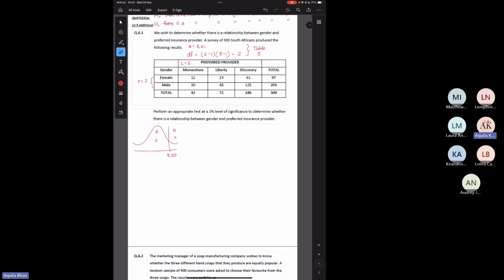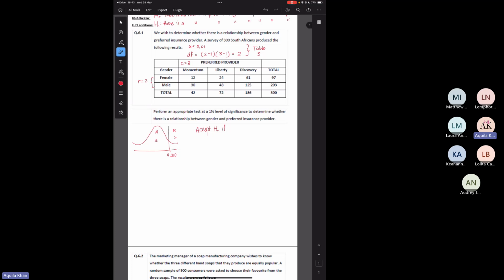We draw up the diagram because it's going to help us visualize, but the mark allocation actually comes from writing that out in words. This wording will never change, so you can literally learn this off by heart to write down as your region of acceptance and rejection.